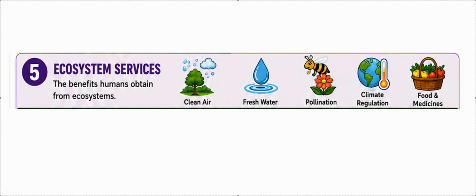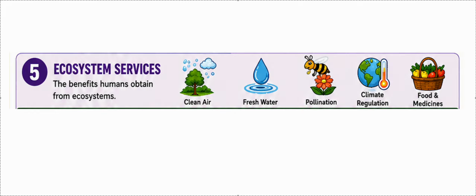Mainly there are four types. Provisioning means food, water, medicine, timber. Then regulating: climate regulation, flood control, pollination. And supporting: nutrient cycling, soil formation, photosynthesis. Cultural: tourism, religious value, recreation.